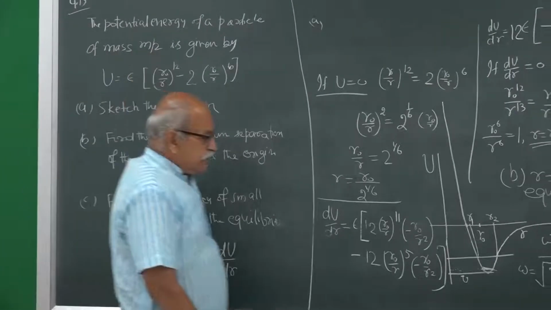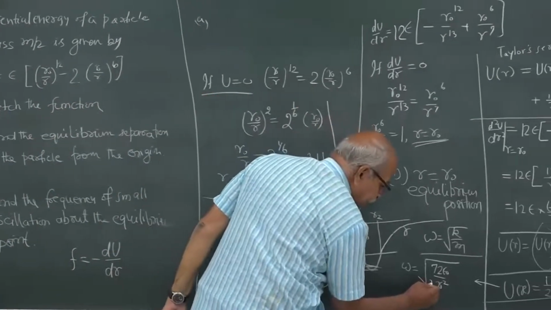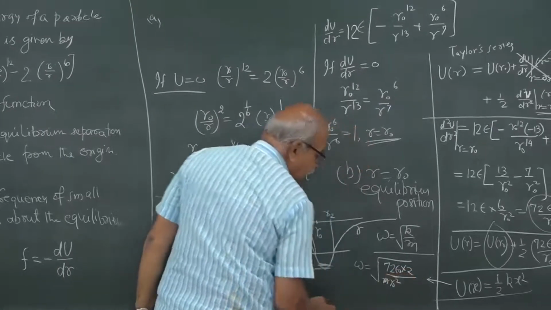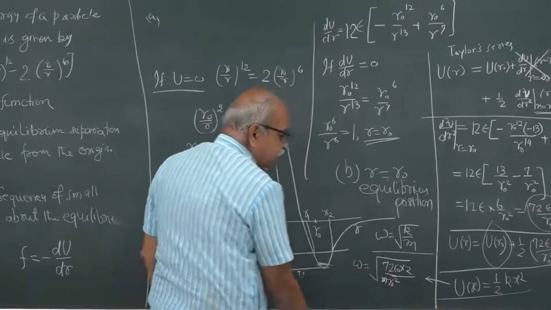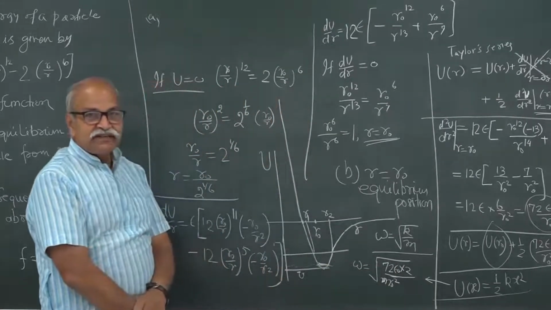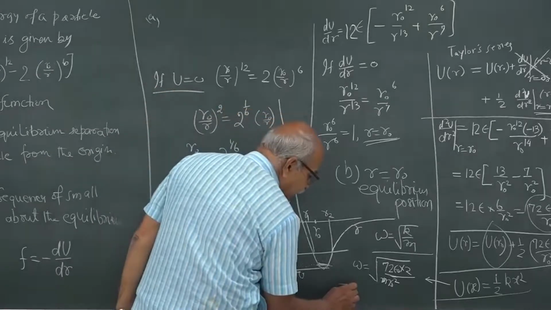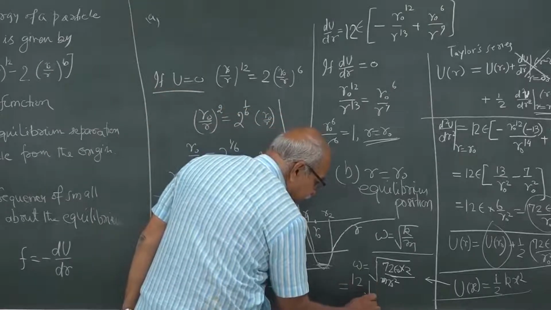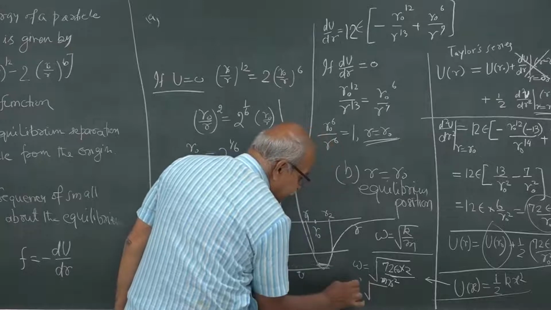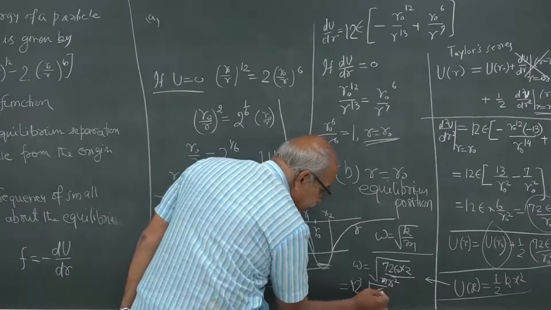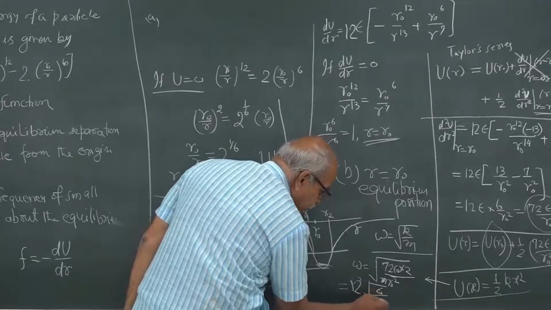So, we divide by m by 2. So, I put m here and 2 here, and 72 into 2 is 144, a perfect square, square root is 12. So, this is 12 times epsilon naught divided by m r naught square.